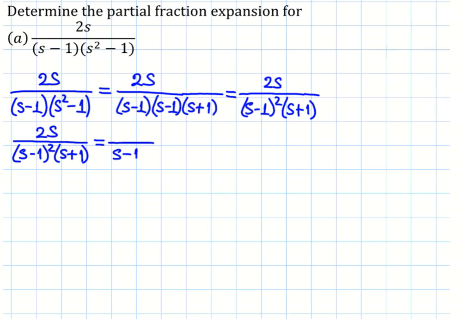So we have one of them as s minus 1. The other one is the factor of s minus 1 squared. If this is a cube, then we also have s minus 1 cubed. But that's not what we have.